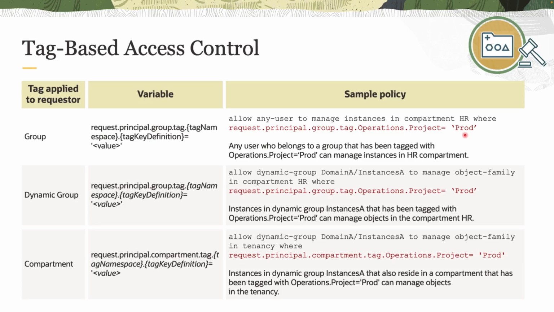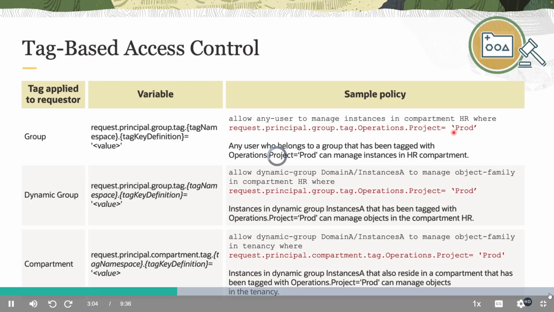So in this case, any user who belongs to a group that has been tagged with this particular tag namespace, operation, and project as key definition with the value prod.